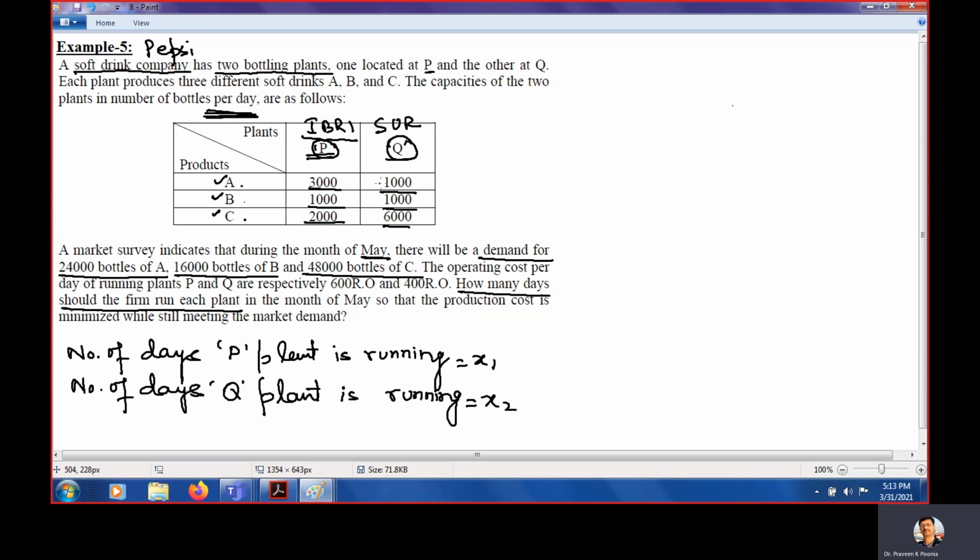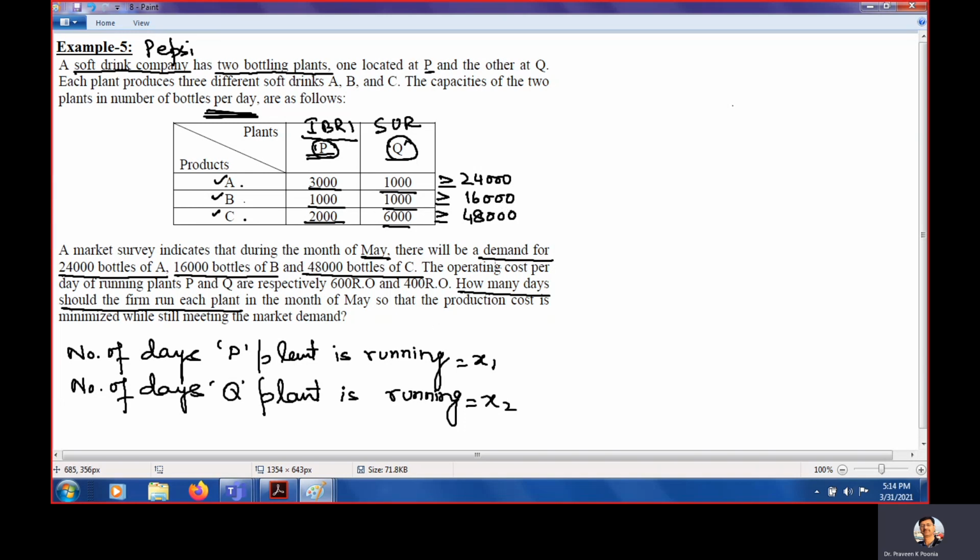And whenever there is a demand, it is always greater than or equal to. Demand means it may be more, but it cannot be less than 24,000. So this is the demand.